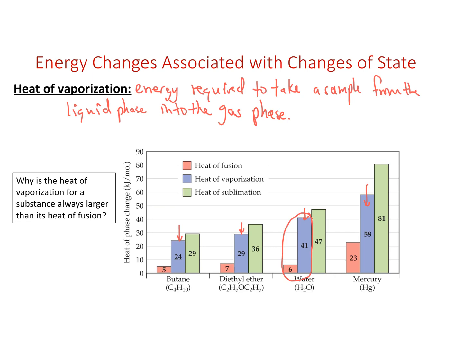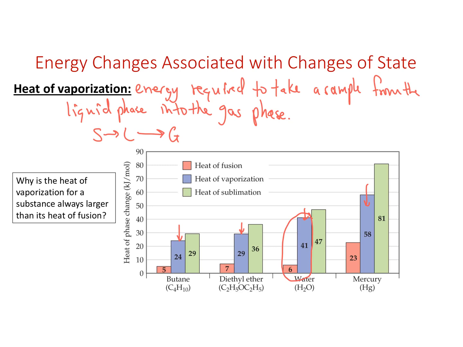So the answer to that question goes back to our intermolecular forces that we have to break. If I'm going from a solid to a liquid, the molecules in that sample are still relatively close together. I'm still taking advantage of those intermolecular forces. However, if I go from a liquid to a gas, now I need to break many more of those intermolecular forces because that sample now, the molecules are farther apart.